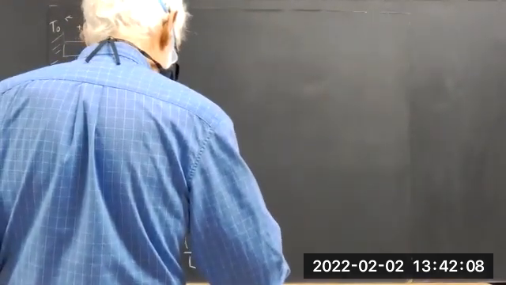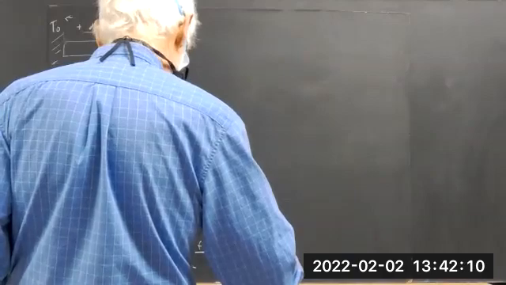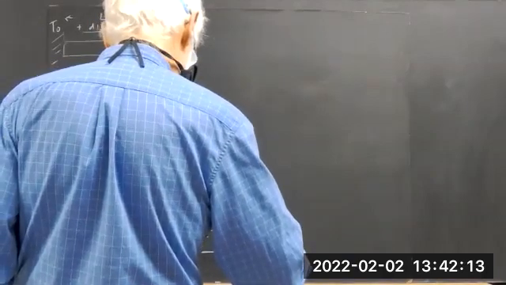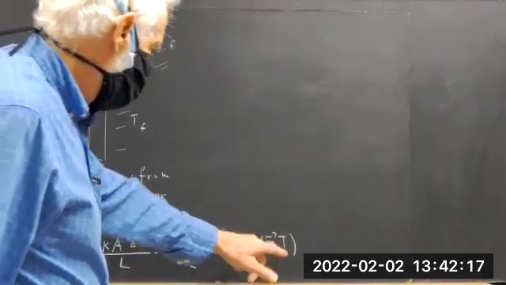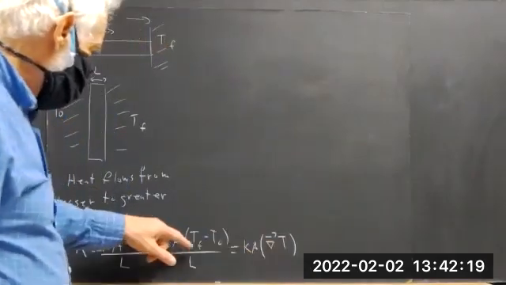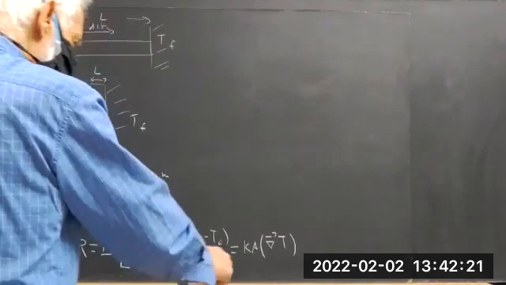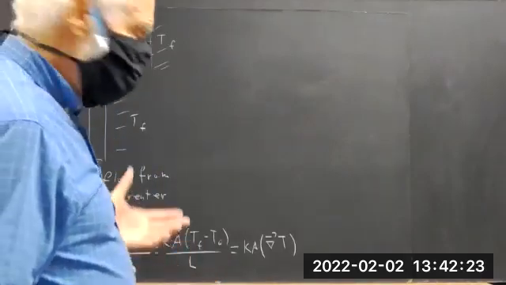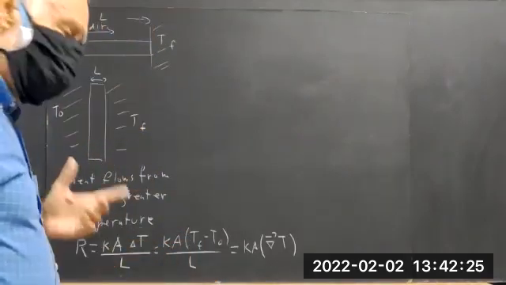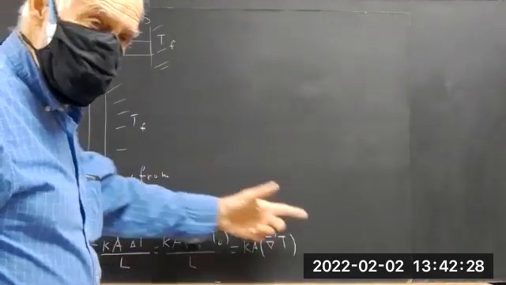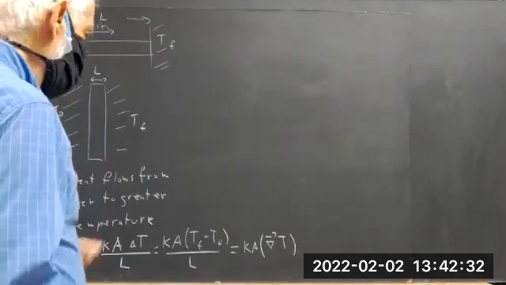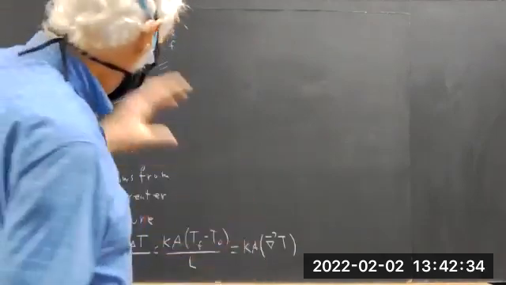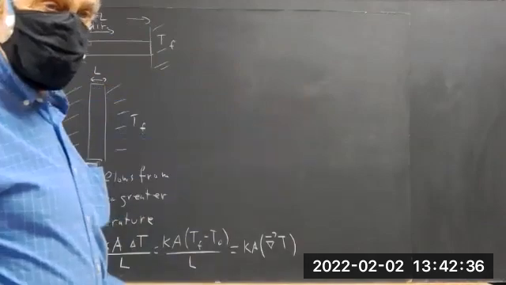I didn't quite write that down correctly, but this is KA times the space gradient of your temperature function. In other words, this TF minus T naught over L is a one-dimensional version of a more general gradient. So the temperature gradient is the rate at which temperature is changing per unit of length.